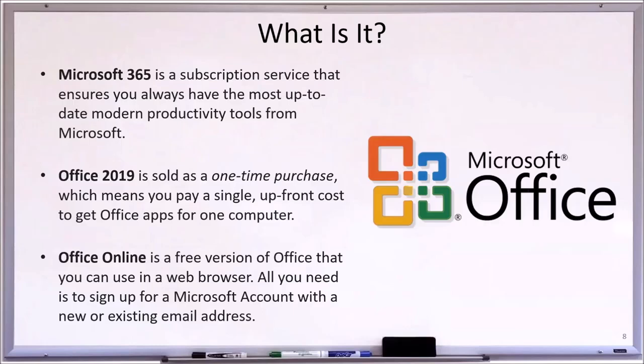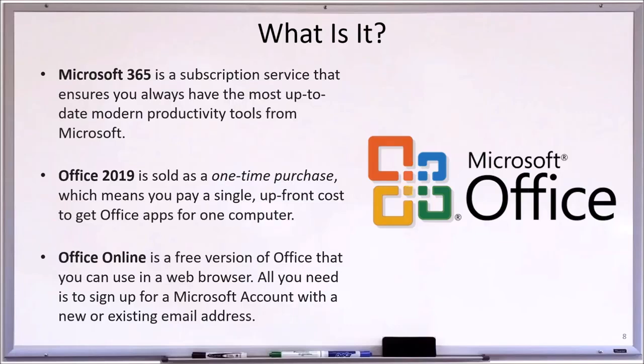It is a subscription service. One of the advantages of that is you always have the most up-to-date versions on your machine. The difference is Office 2019 is sold as a one-time purchase, which means that you only pay the single price, but it's also only installable on a single computer.